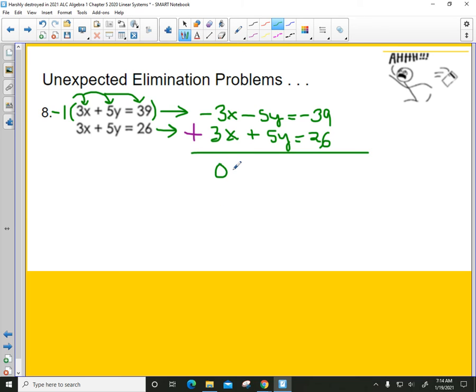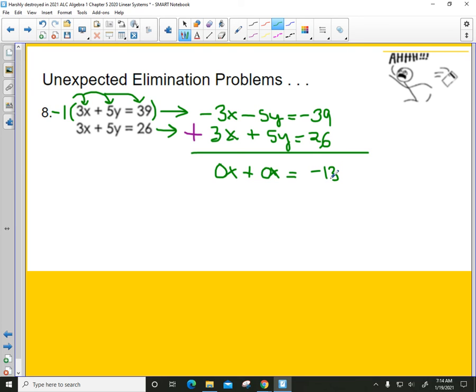Okay, 0x. -5y plus 5y is what? That's right, 0y. And -39 plus 26. And you should get -13.